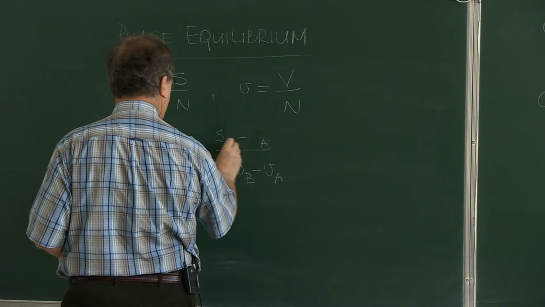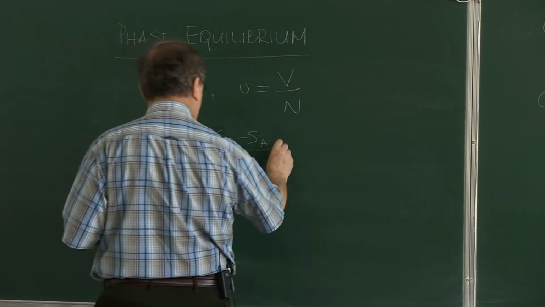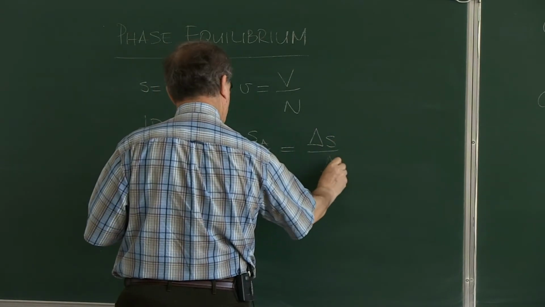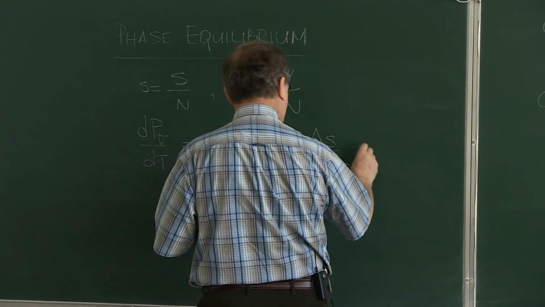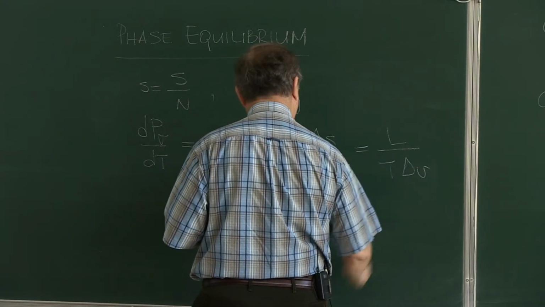These are small s, s_B minus s_A, or delta S over delta V, or L over T delta V.